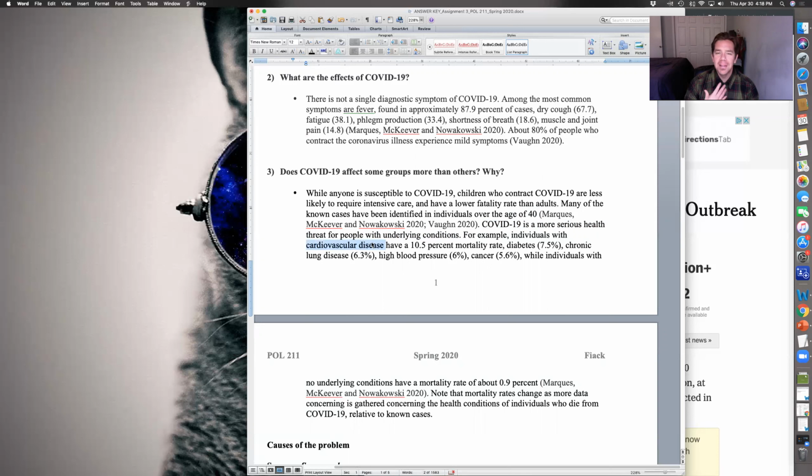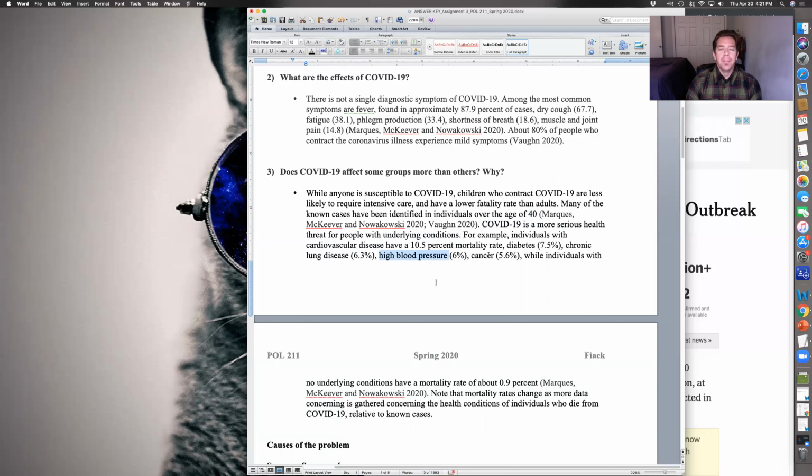We're talking about lung diseases, because respiratory illnesses, because this is a disease that attacks, if you will, the lungs, so if you already have lung problems, it makes it a little bit more likely that you'll have severe health-related effects from COVID-19, right? If you're diabetic, right? If you have chronic lung disease, high blood pressure, cancer, right? You're more susceptible to, in this case, fatal health-related effects from COVID-19.